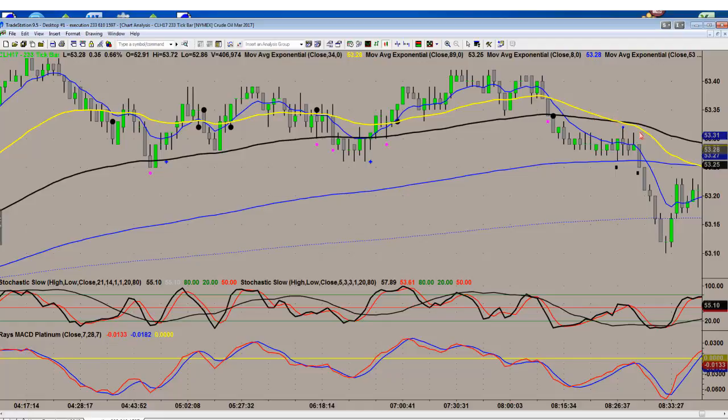Another thing I want to discuss about this is the profit targets. There are times, I know I get some grief about this from time to time, that you can have a larger profit objective.